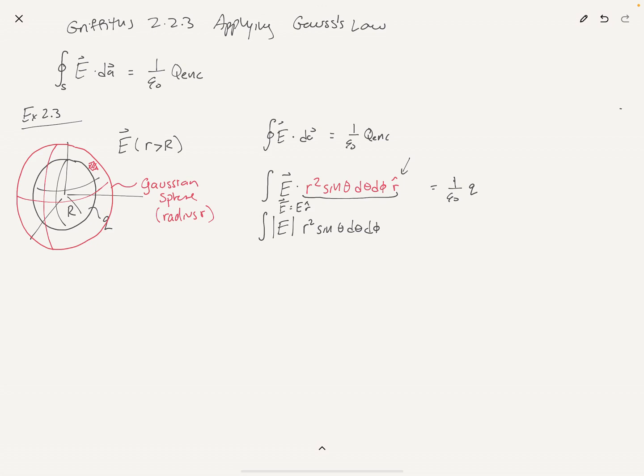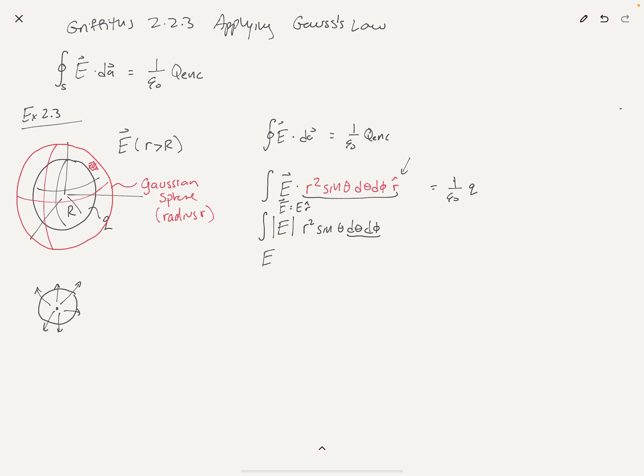Now what about that magnitude as I change positions along my sphere? The magnitude of my electric field is constant everywhere along that surface. For a given Gaussian sphere, that magnitude is constant. We talked about drawing electric field lines before for something like a point charge. At every point at some radius away, that electric field magnitude is constant. So because it's constant, it can be pulled out of that integral.